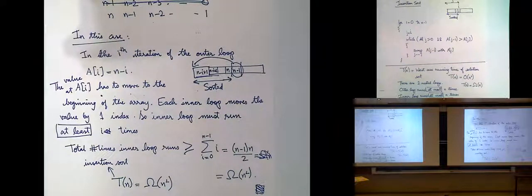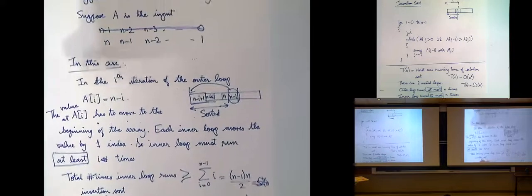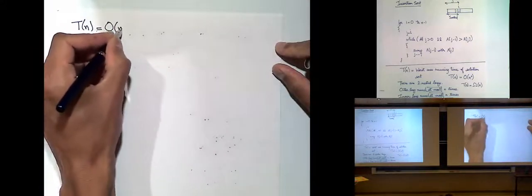So I want to write out one last statement before I give you a short break. I'm just going to write this out over here. Again, this is sort of the summary of what I'm saying. So what does it mean when I say T of n is O of n squared?